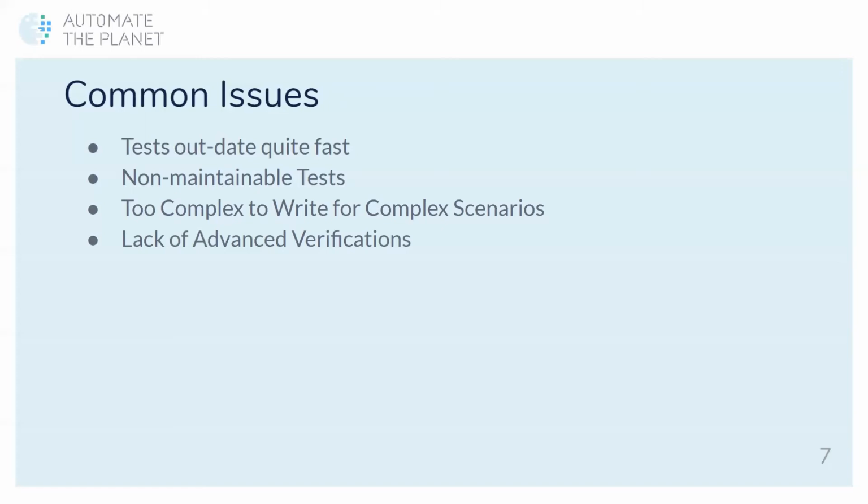Another thing that I noticed is that, again, depending on the tool, some of them lack advanced verifications. Usually, as you know, if you do post requests and then the response body is returned, most of these tools allow you just to, for example, check whether a particular text is present in the HTML or not.